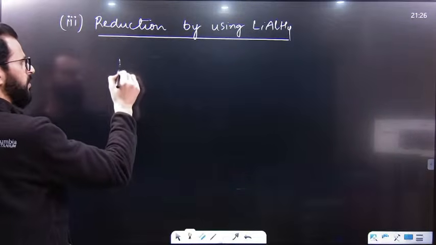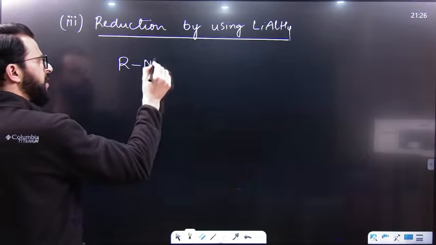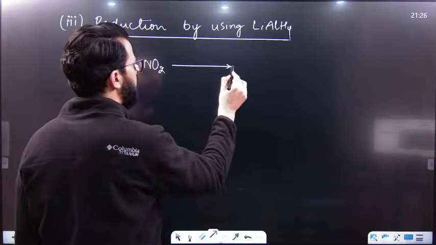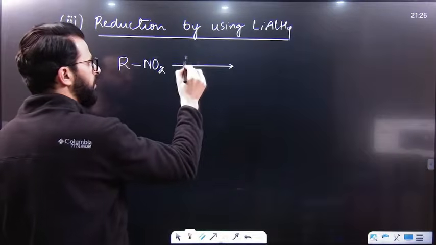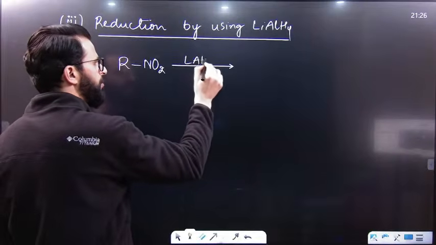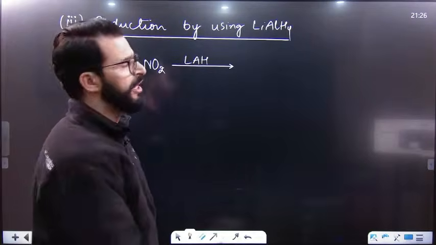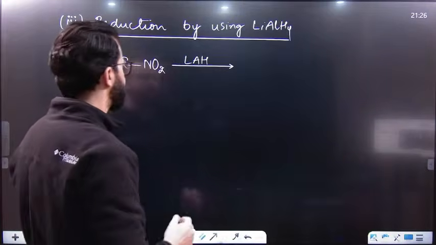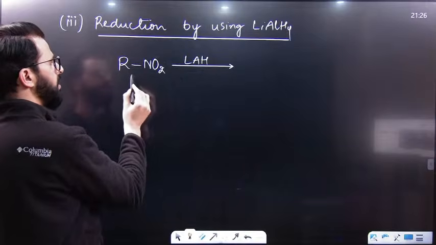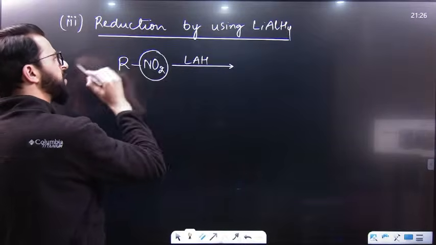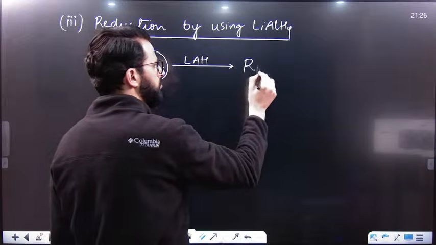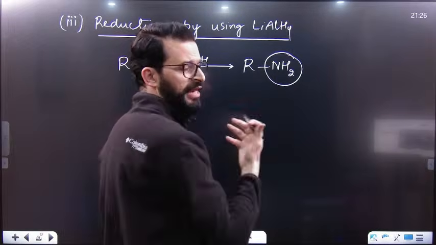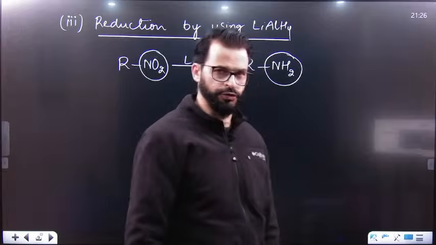If you are having an aliphatic nitro compound in presence of lithium aluminium hydride, you can write lithium aluminium hydride as LiAlH4 or LAH in short form. Now, whenever lithium aluminium hydride is there, it converts aliphatic nitro compound to aliphatic primary amines. That means replace NO2 by NH2.